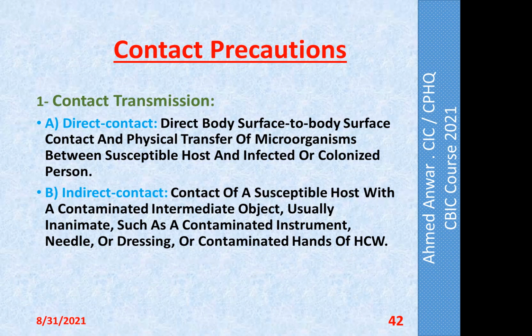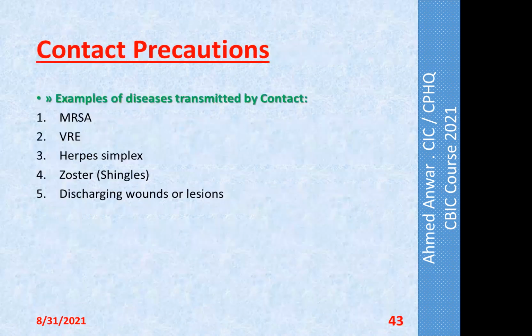Indirect is when one staff member carries some microorganisms from the patient and transfers them to the nursing station, and another staff member may collect these microorganisms, become infected, or infect another patient. Examples of contact infections are MRSA, VRE, herpes simplex, zoster, or any wound discharge or lesions.